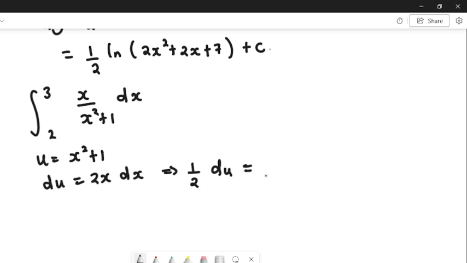We're making x dx the subject. So we are going to change the limits. Here, our upper limit is when x is 2, our new limit will become 5, and when x is 3, our new limit will become 10.